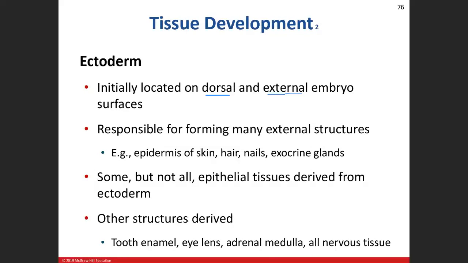So like on the outside of us, it would make sense then that the ectoderm would make up the epidermis, the outer layer of our skin. And what else do we see that derives from the epidermis? Hair, nails, and our exocrine glands. Now we learned in the previous class that exocrine glands start off in the ectoderm, but then they'll invaginate or push their way down into the dermis. Same thing with the hair.